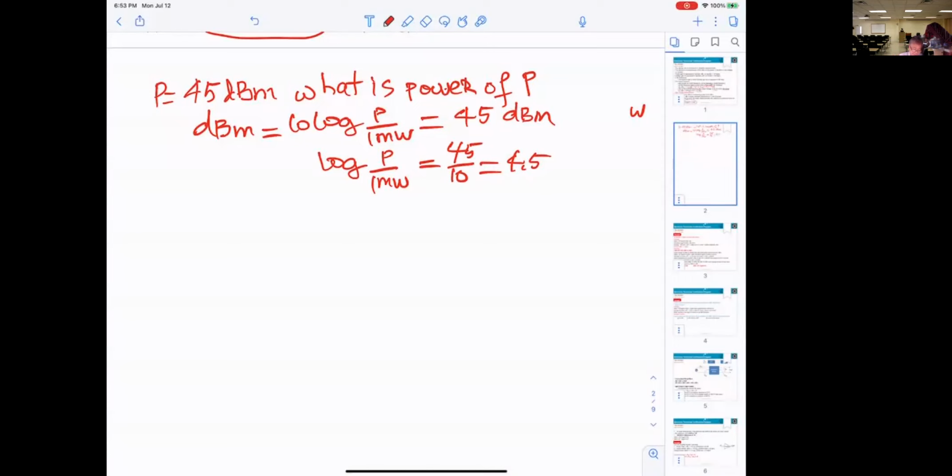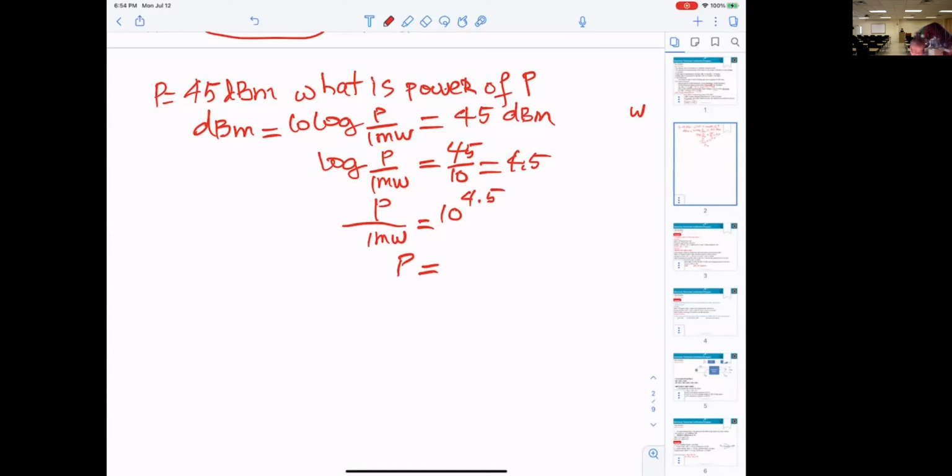Okay, anti-log, remove the log. Ten to the power 4.5. I just want to know what P equal. You give me the answer. 31.6.